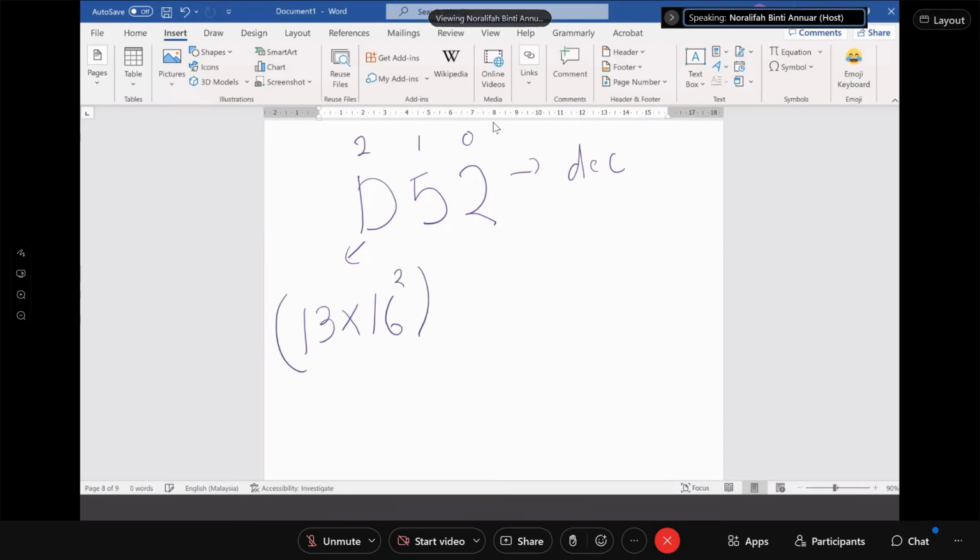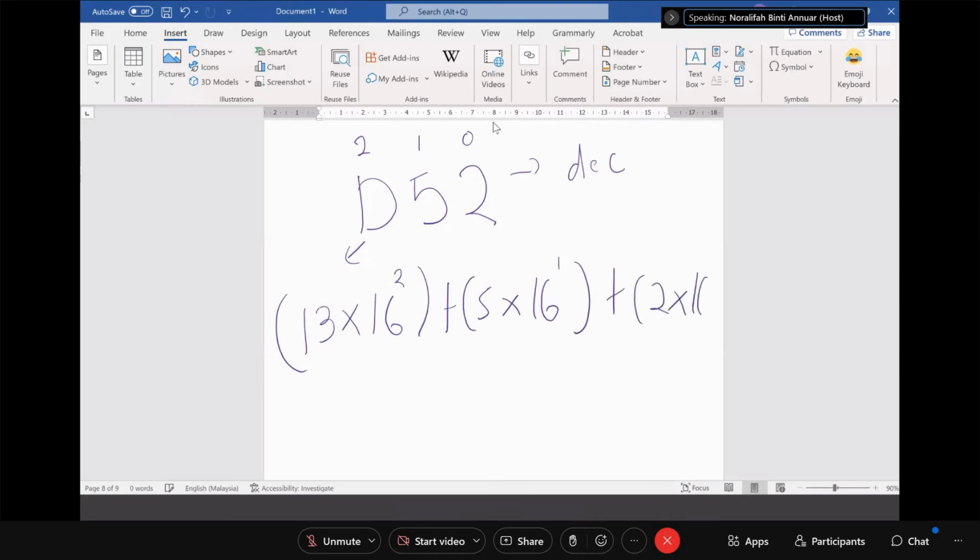Okay, buat tambah. 5, what is the position of 5? It is 1. Okay, plus 2. The position of 2 is at position 0.